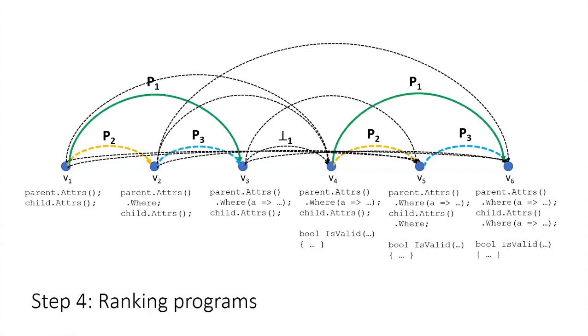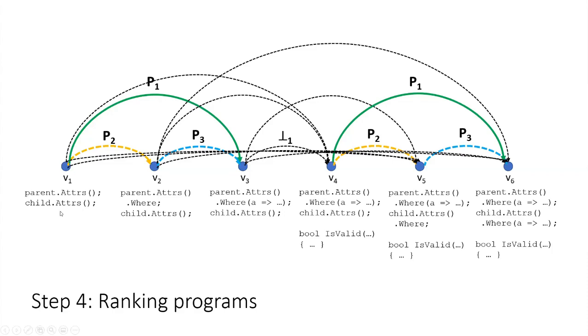So this is the final step, ranking. To do so, we have an algorithm to find the least colorful path from V1 to V6. We compute the least colorful path and show the programs in this path because we think these are likely to be correct.